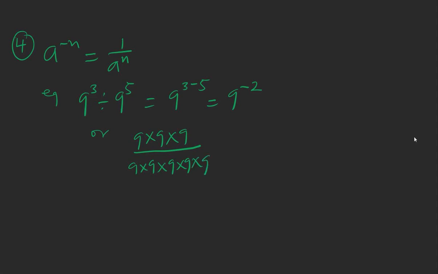Or another way of looking at it is 9 times 9 times 9 over 9 times 9 times 9 times 9, which is equal to 1 over 9 times 9, and it's equal to 1 over 9 raised to the power 2.